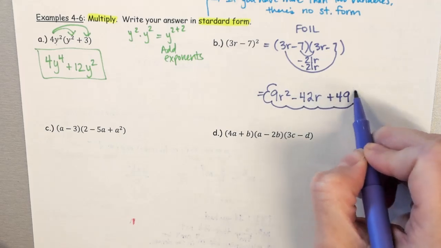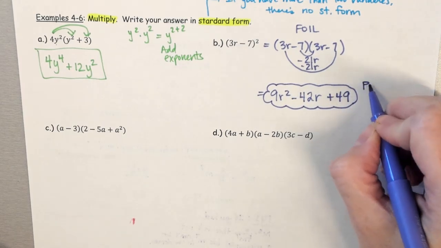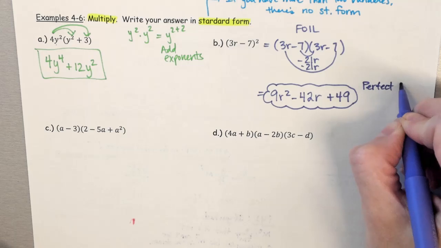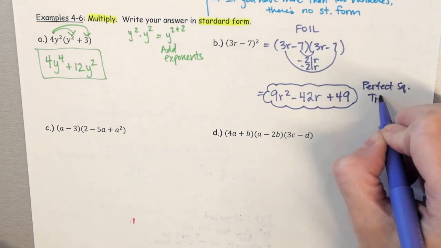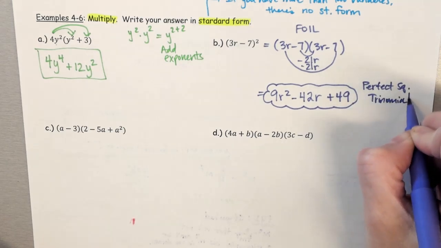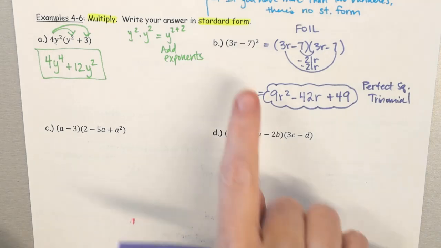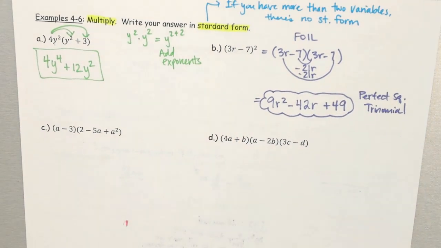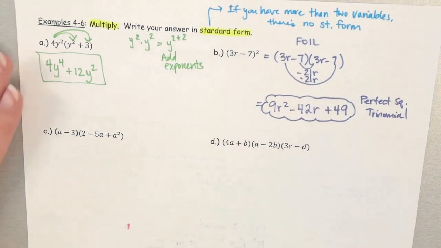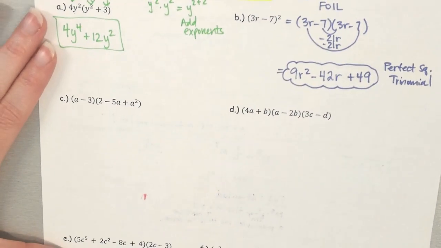So anytime you have something squared, your result should be that perfect square trinomial. Okay, every single time. The only type of patterns that are going to create the difference of two squares are when you have like 3r plus 7 and 3r minus 7. Okay, so if it's squared, you have to have that trinomial.